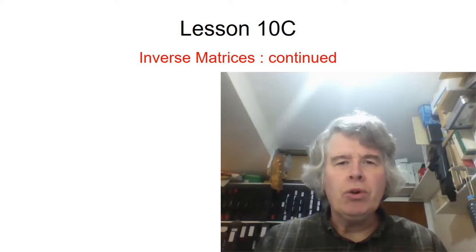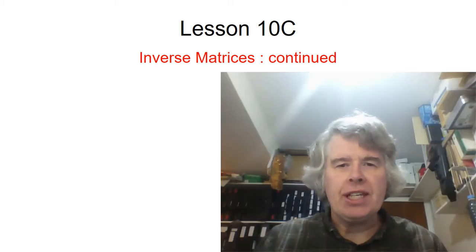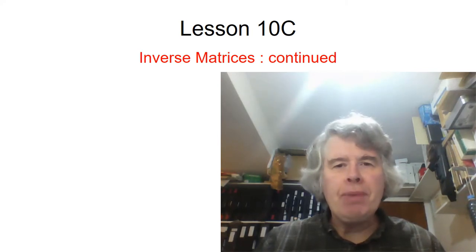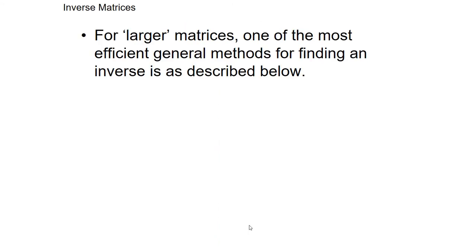Let's continue to look at inverse matrices, and now let's look for inverses of 3 by 3, 4 by 4 and larger matrices. We also have a technique to find the inverse of a larger square matrix, a 3 by 3 or a 4 by 4, or a higher number of rows by the same number of columns.